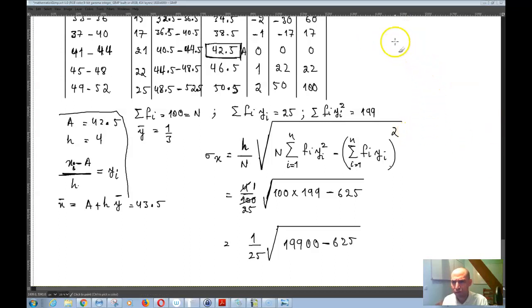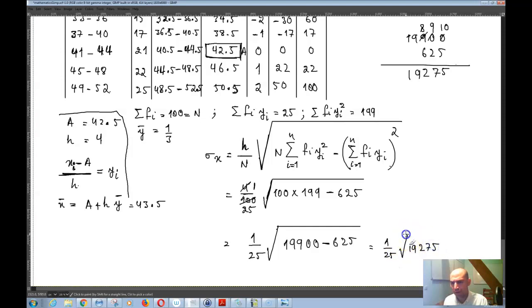That is equal to 19900 minus 625, which gives 19,275. That's basically the same thing as 1 over 25 times the square root of 19,275. And to calculate that, you need to of course have some space.